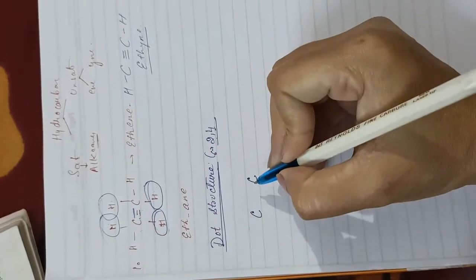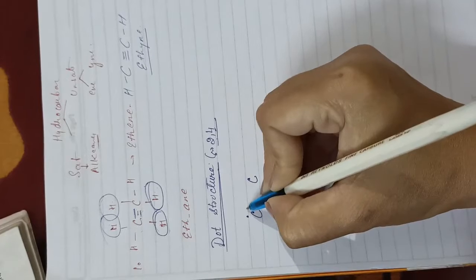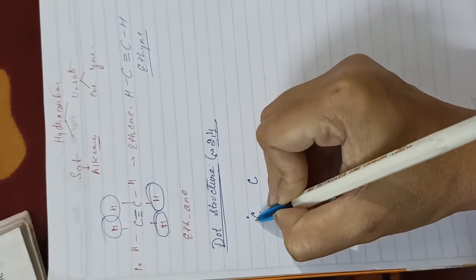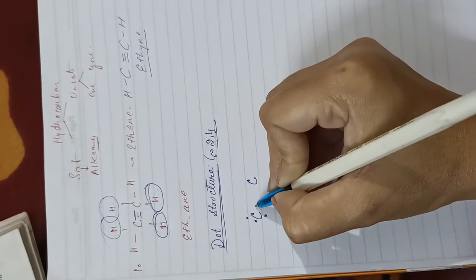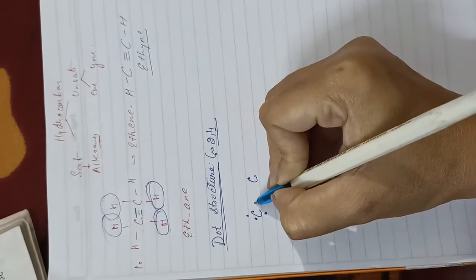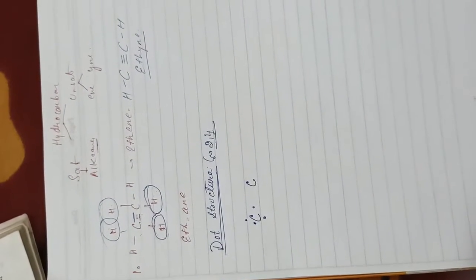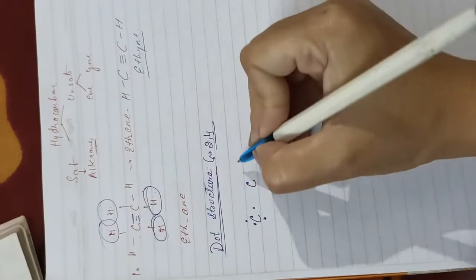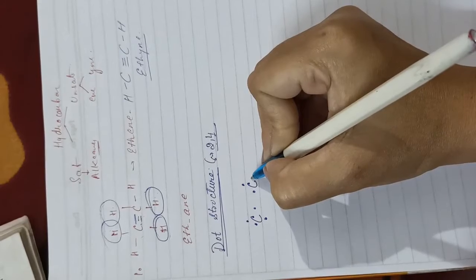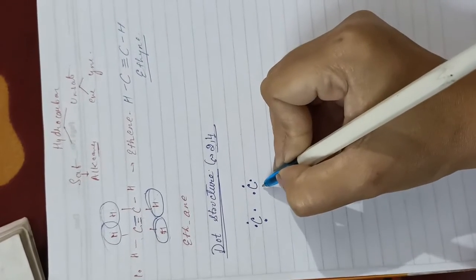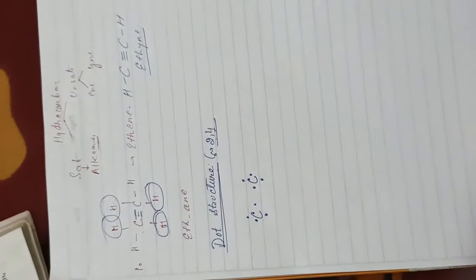So here we will put 1, 2, 3 and 4 dots. Understood? This is for carbon.